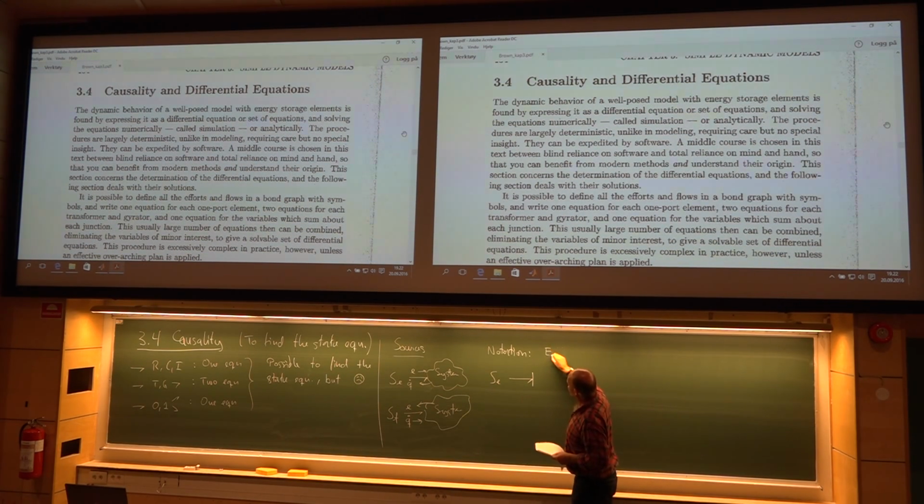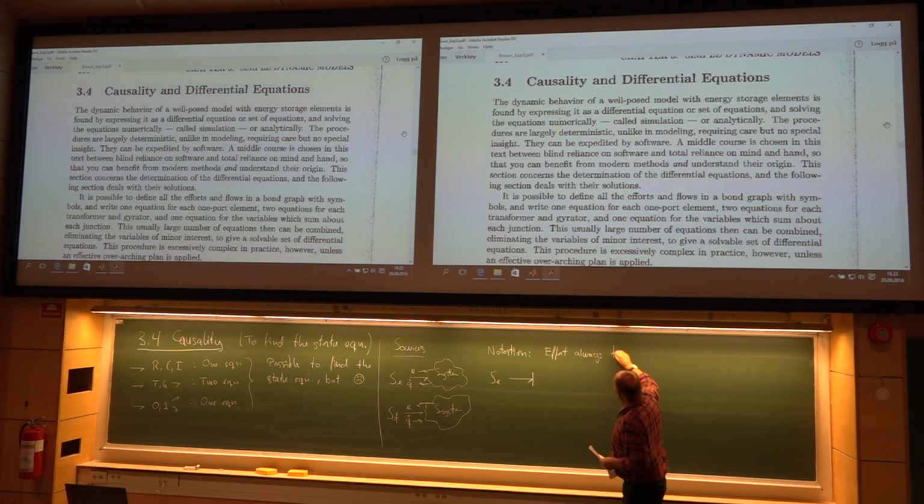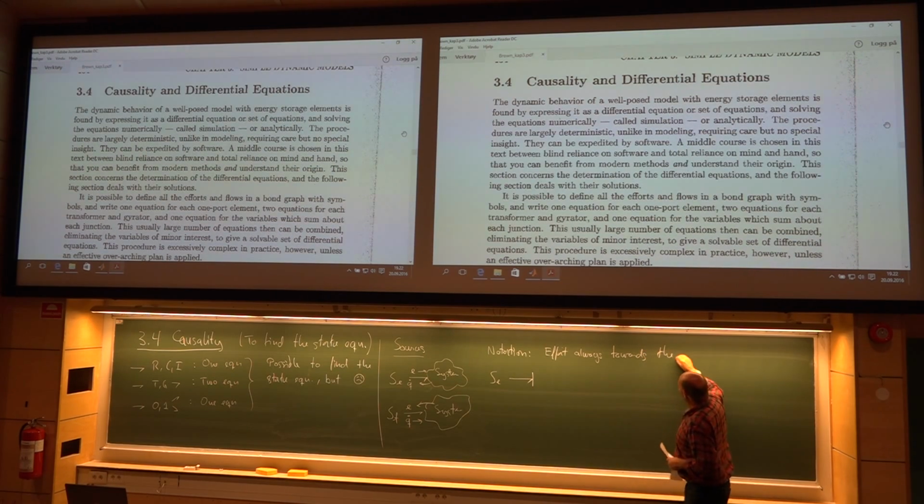think of it like this, the effort always towards the causal stroke.